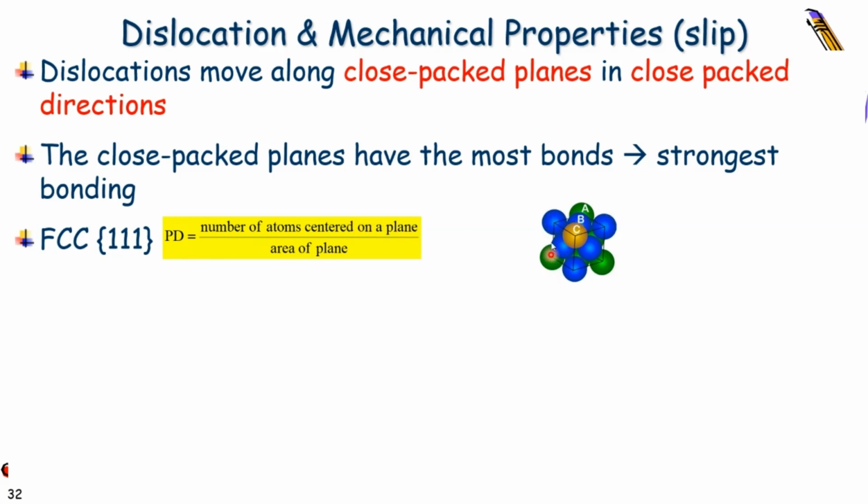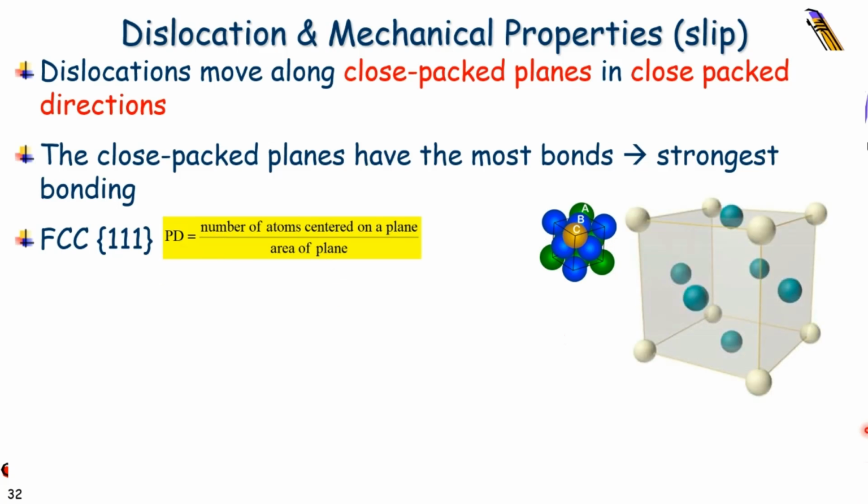This is the 111 plane, right? So we have 1, 2, 3, 4, 5, 6. You have 6 atoms per area of the plane. That's what we learned, right? Okay. So this is the planar density, and if you look inside, the planar density will be this. This is 111.